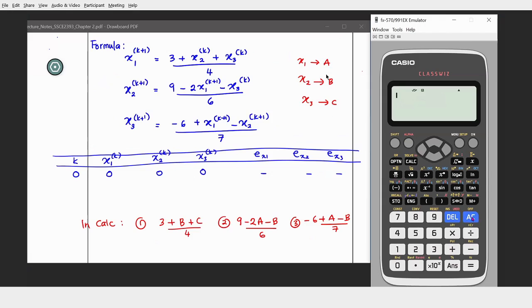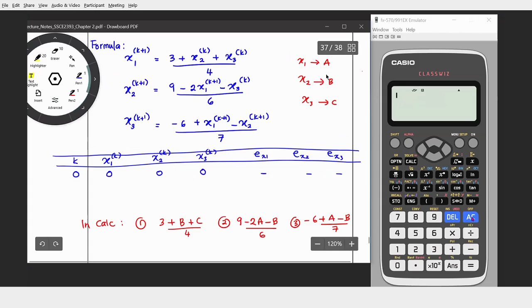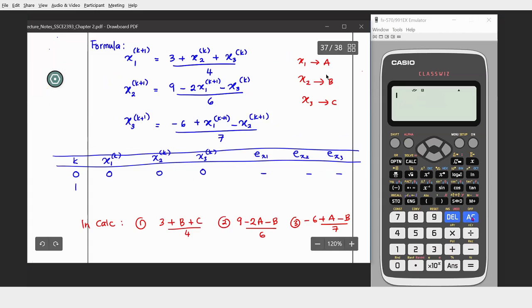Now when k equals 1, we want to have formula 1. You are going to compute x1 at k equals 1, which in the manual calculation, when k equals 0, is x1 equals 3 plus x2. The value of x2, which is your B in the calculator, is 0. So we are going to recall equation 1.